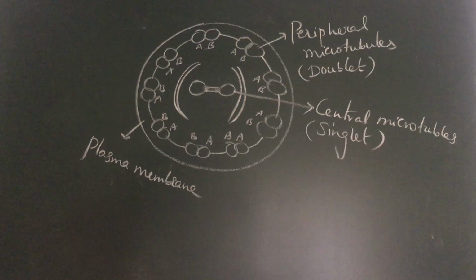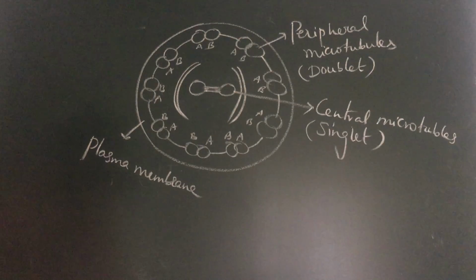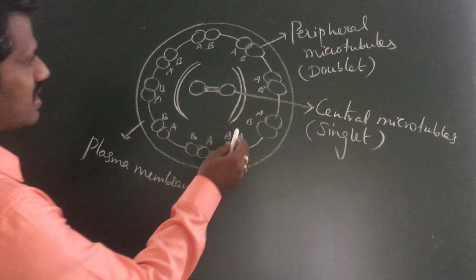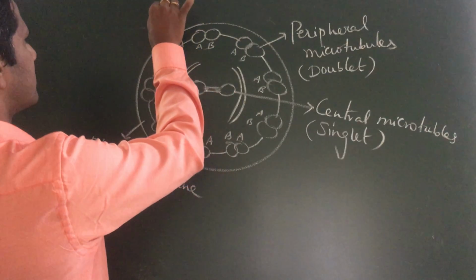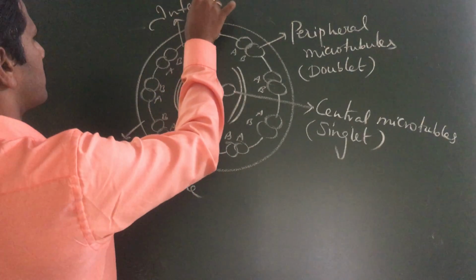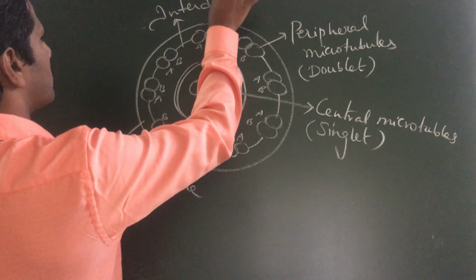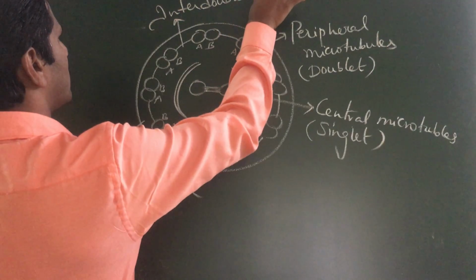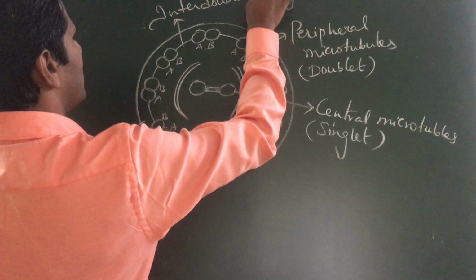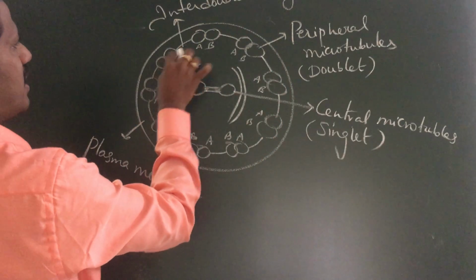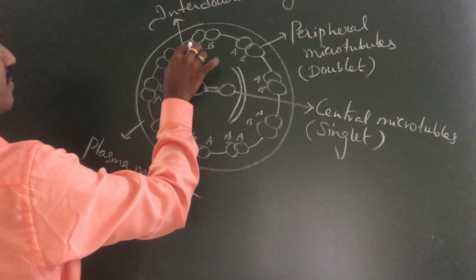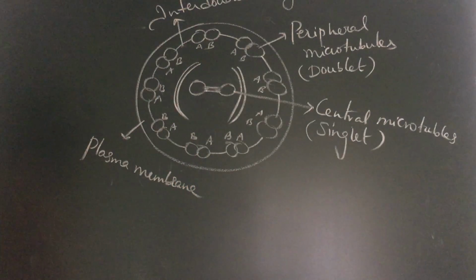Those are called interdoublet bridges. Because these are doublets, the attachment between the doublets is called the interdoublet bridge.